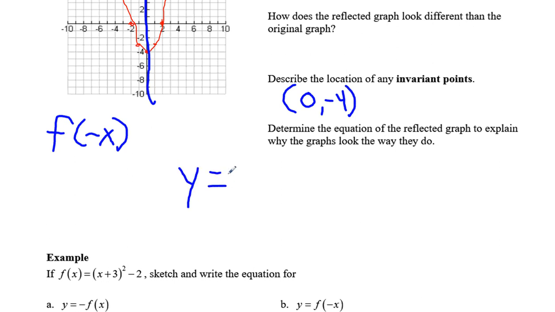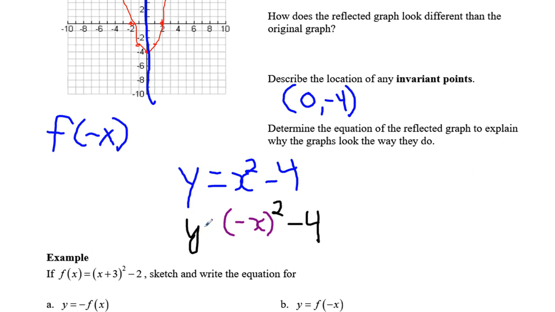This was the original equation, x squared minus 4. Okay, that was the original. Now, we are changing this x right there into negative x. All right. Now, the squared is still there, and the minus 4 is right here.